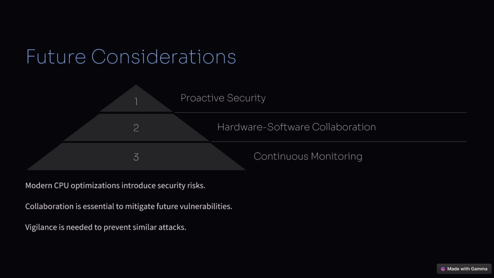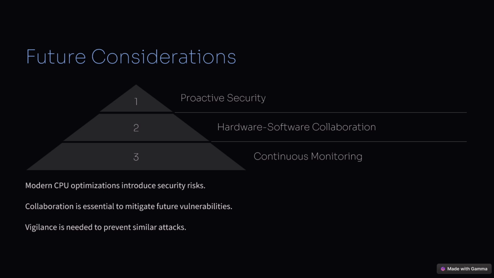So, coming to future considerations, we have to look forward to what the industry must focus on and how we can defend against or prevent such attacks. Some of the focus areas we can mention here: first is proactive security. It means designing CPUs with security as a priority.